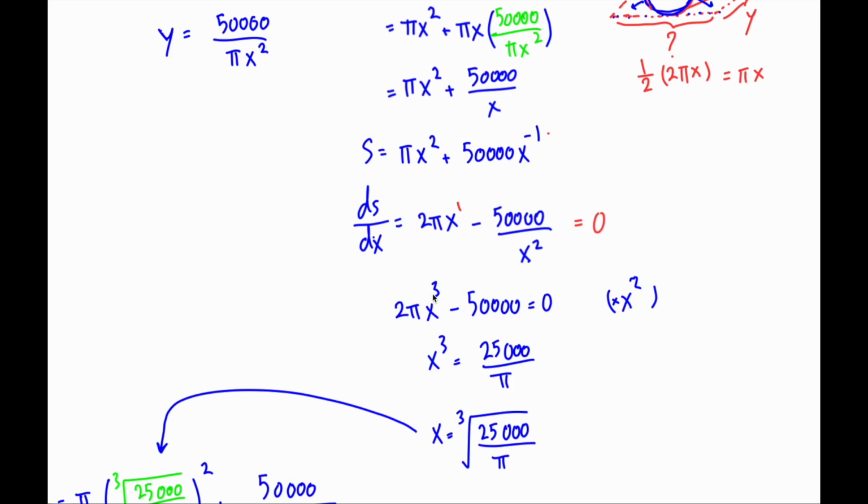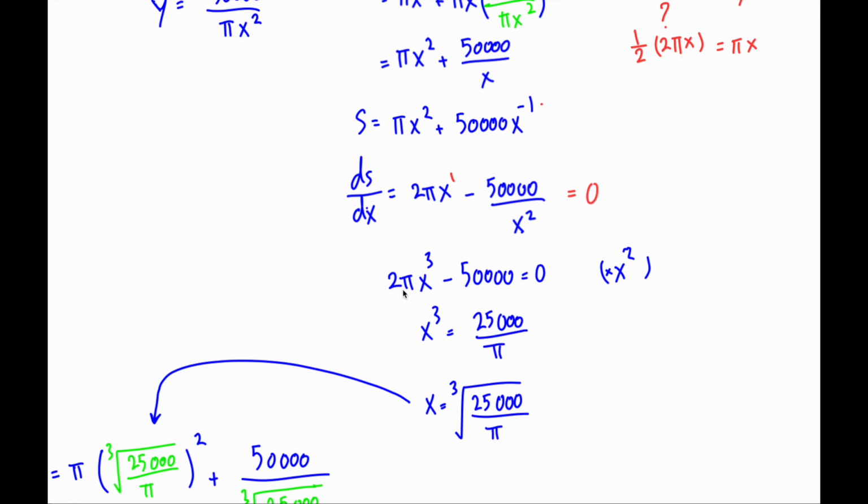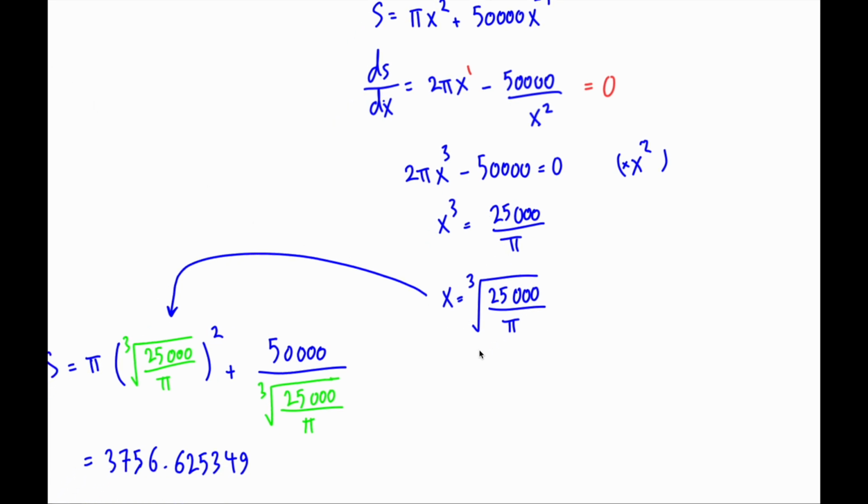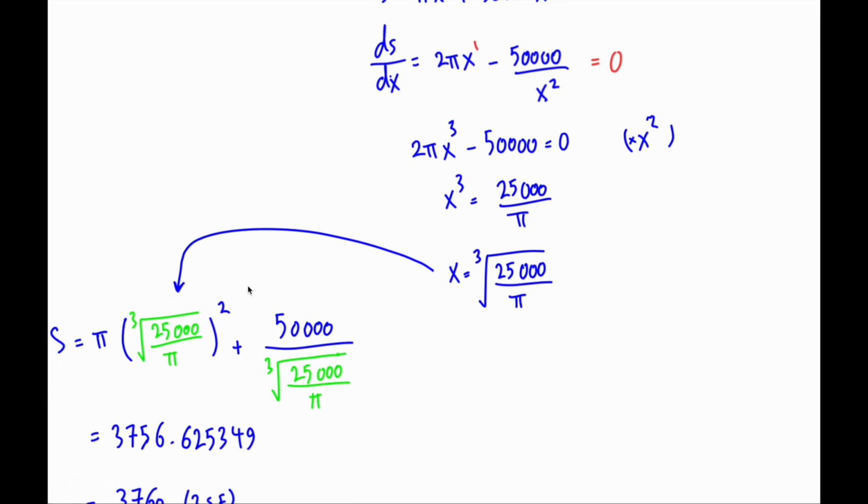However, here I'm going to have an x cubed term, and you need to isolate it, bring everything to one side, and divide both sides by 2 pi. How am I going to get rid of this power? You can take the cube root of both sides. And the value of x is found, and this is the value of x for which I'm going to get the minimum value for the outer surface area.